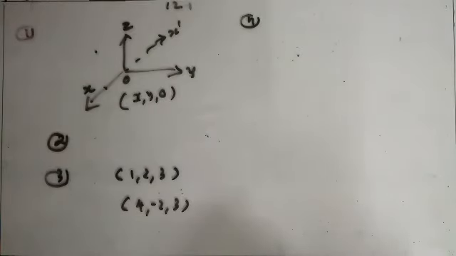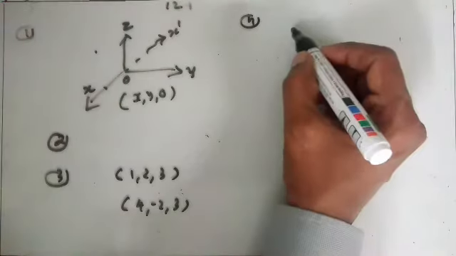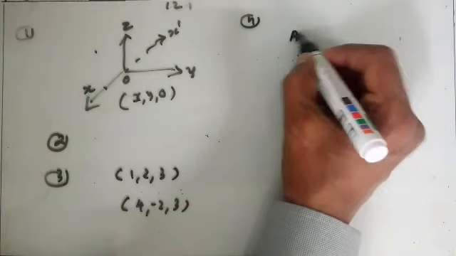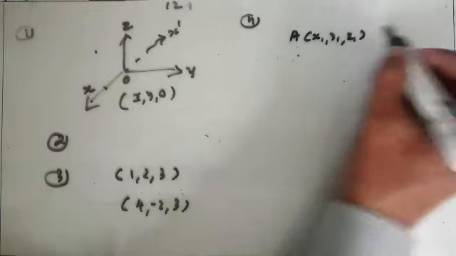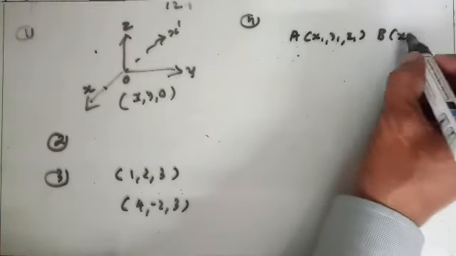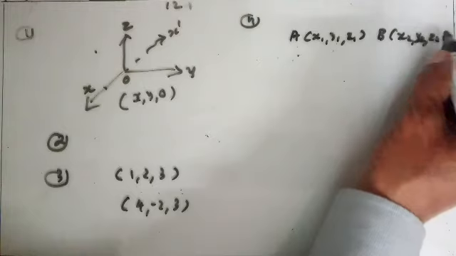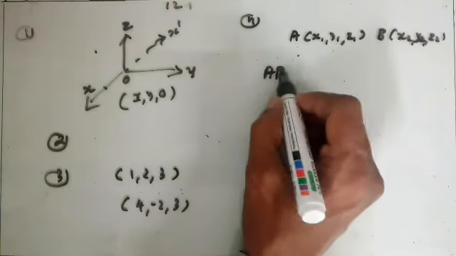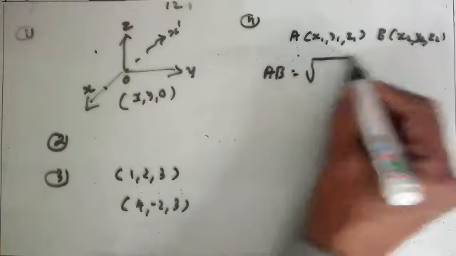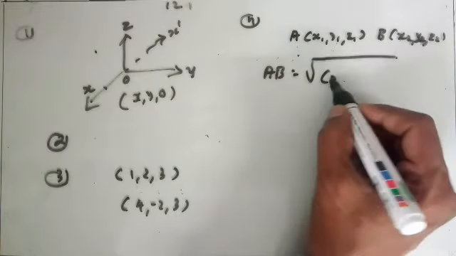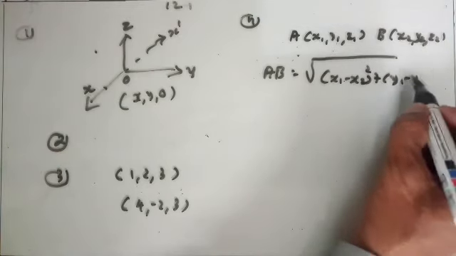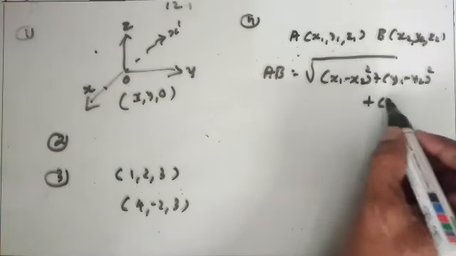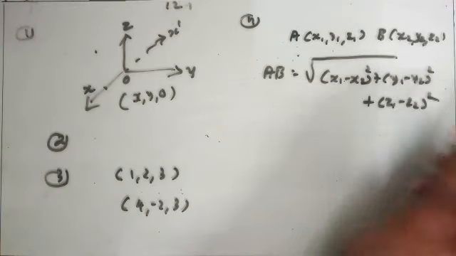Now here we discuss distance between 2 points, that is the distance formula. Remember this here, if we have 2 points A, x1, y1, z1 and B, x2, y2, z2, then distance between A and B, AB is equal to, we know that, square root of x1 minus x2 square plus y1 minus y2 square plus z1 minus z2 square.